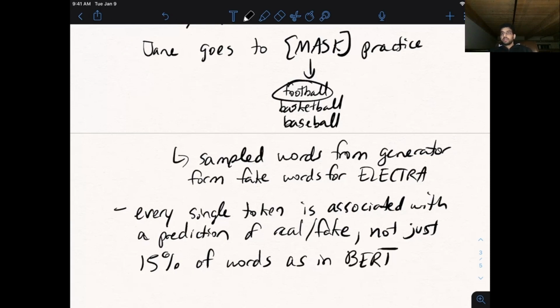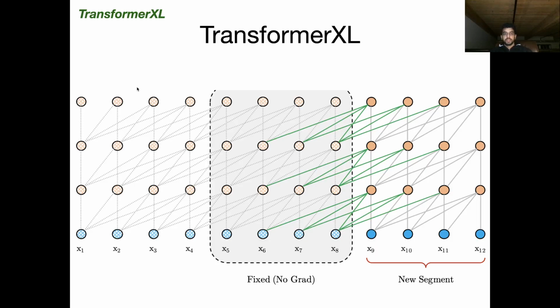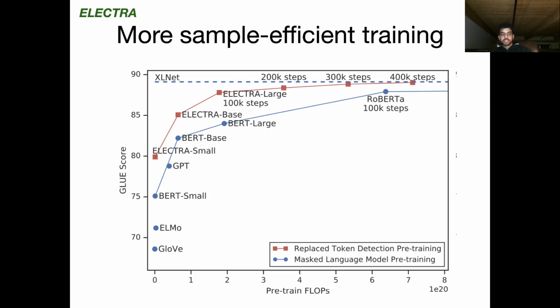Okay, so now if we switch over to the slides, I wanted to just go over some of the advantages of this setup. Most of the advantages can be summed up by this plot. On the y-axis here, you have the GLUE score, which is an aggregate score over, I think, 8 or 9 different text classification tasks. You can see that first we have ELMo down here at above 70 on this average metric, BERT small at 75.